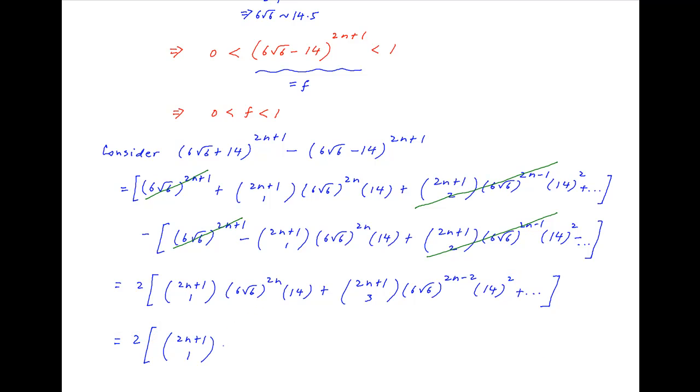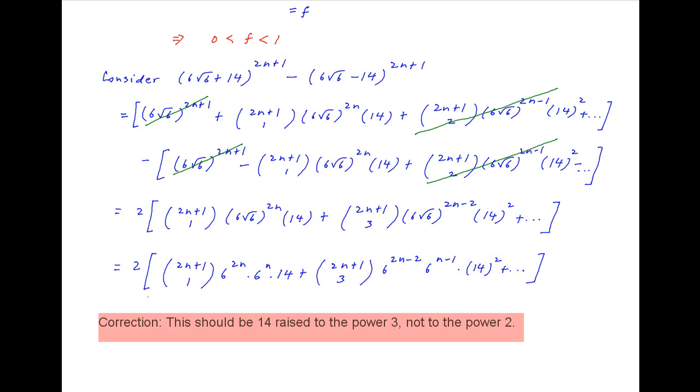This can be written as 2 times, in brackets, (2n+1 choose 1)·6^(2n)·6^n·14 + (2n+1 choose 3)·6^(2n−2)·6^(n−1)·14³ plus and so on.